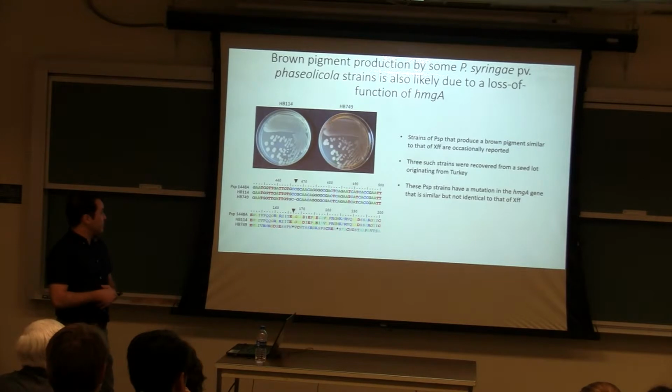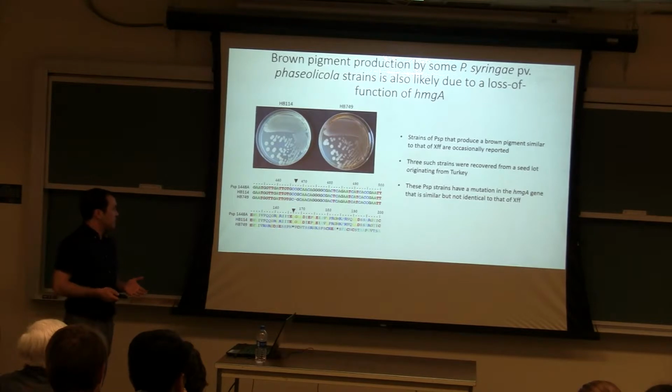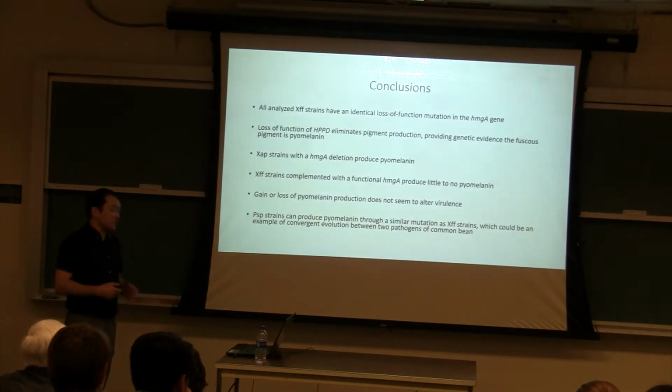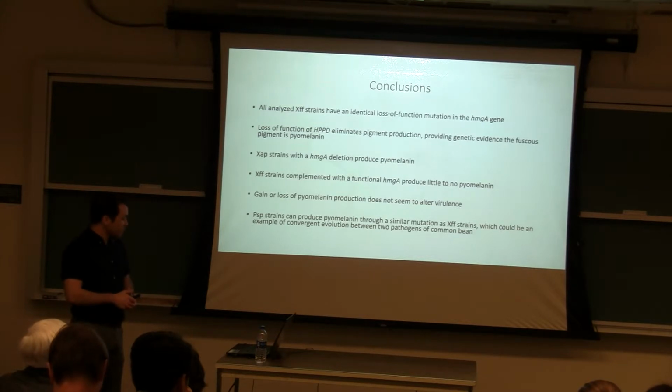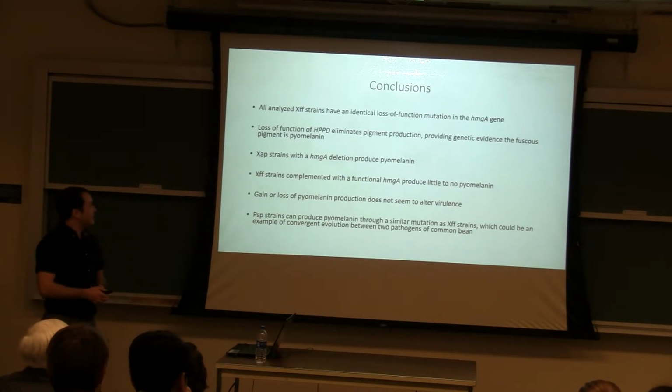And yes, my pigmented strains also have a mutation in the HMGA gene, right? Again, it's loss of function in the same pathway. It's not the same mutation, not the same position as in Fuscans, but it's in the same gene. So this is a really interesting example of convergent evolution between two pathogens of a common phenotype. Again, it's not a super common phenotype, but it is out there. It's nice to actually see that's what it is.